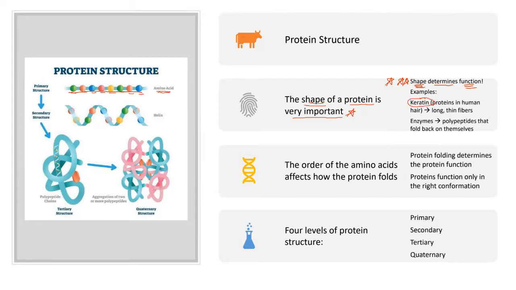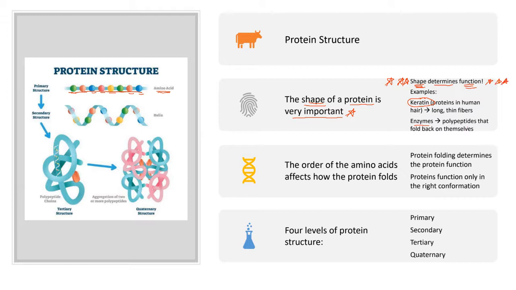Depending on the shape, a little more globular, bigger and circular, it is probably going to be an enzyme. So that is very important, because depending on how this polypeptide falls on itself, it is going to have a specific function. So remember that this is a very important concept.